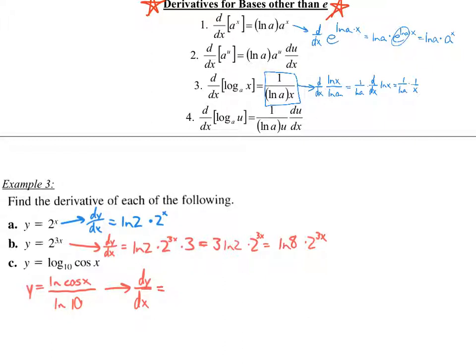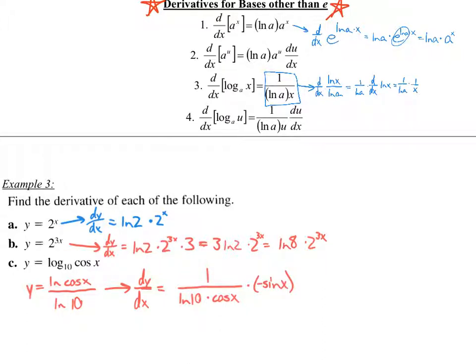Okay, ln of a is ln of 10 times the u. The u was the cosine x. Okay, times du dx. The u is cosine, so du dx is a negative sine x.